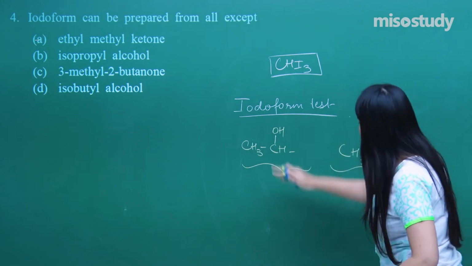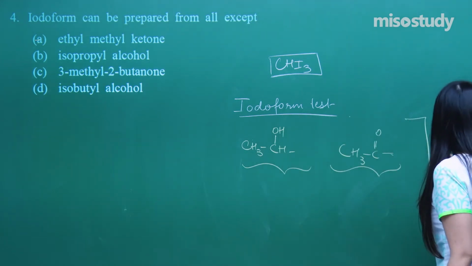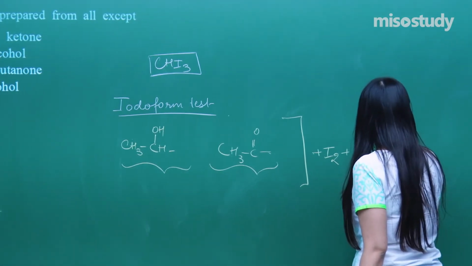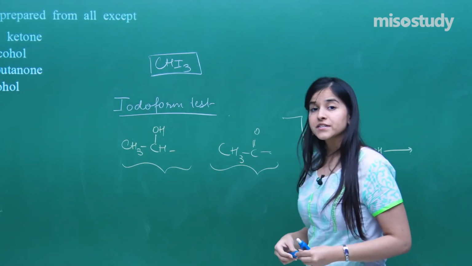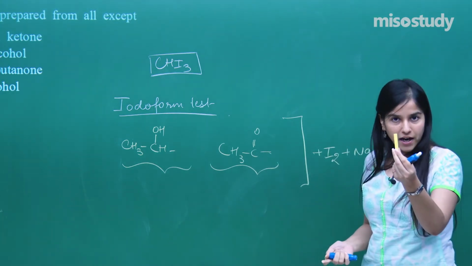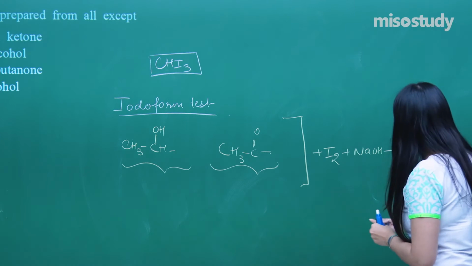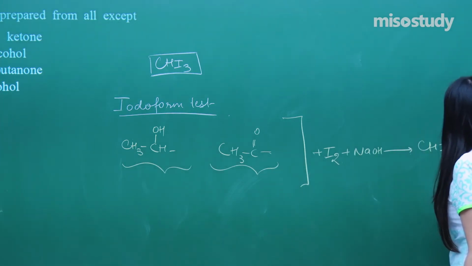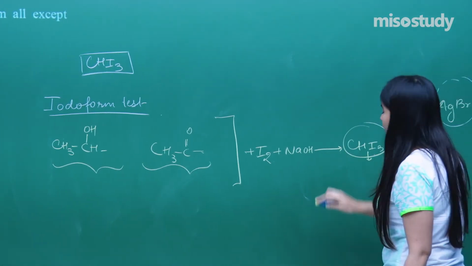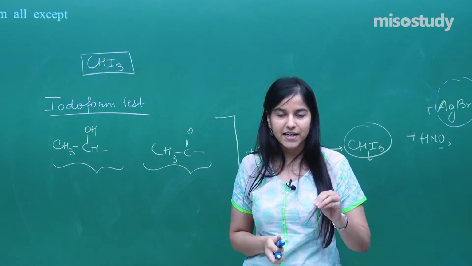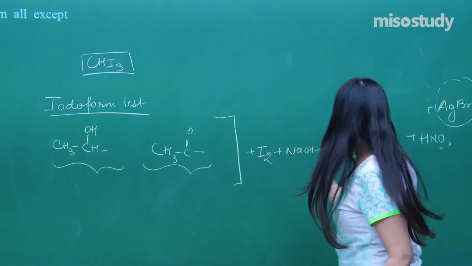Whenever I make these compounds react with I2 in the presence of NaOH, I get a yellow precipitate. This kind of a color I will be getting, and it will definitely correspond to the formation of iodoform. Iodoform which is formed in the reaction mixture is yellow in color. That is the precipitate that we get.